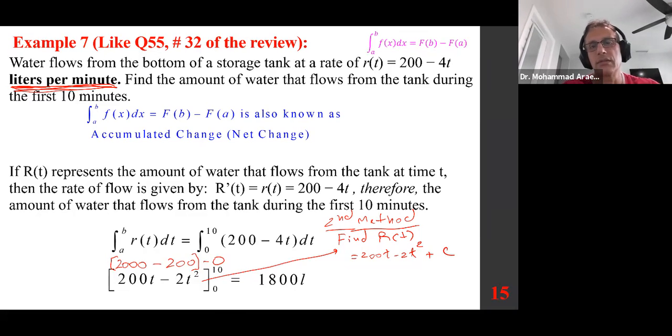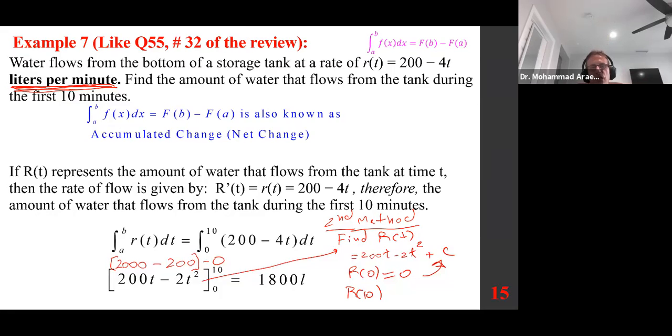There is nothing that has been given to us, with R of 0 being 0, which gives you the constant, and then calculate R of t. Try this at home, you'll see what you get.